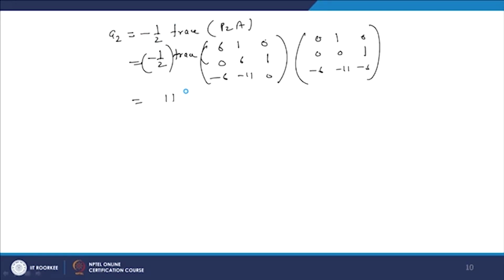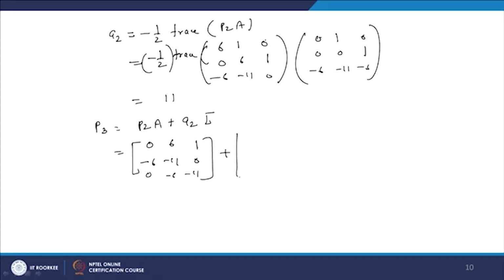Now we need to calculate P3 and A3. To get P3: P3 equals P2 into A plus A2 into I. The value of P2 is [6 1 0; 0 6 1; minus 6 minus 11 0], multiplied by A. Then A2 is 11 and I is the identity matrix, so we write [11 0 0; 0 11 0; 0 0 11].